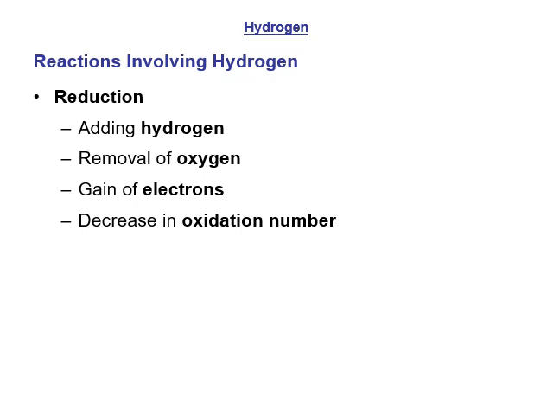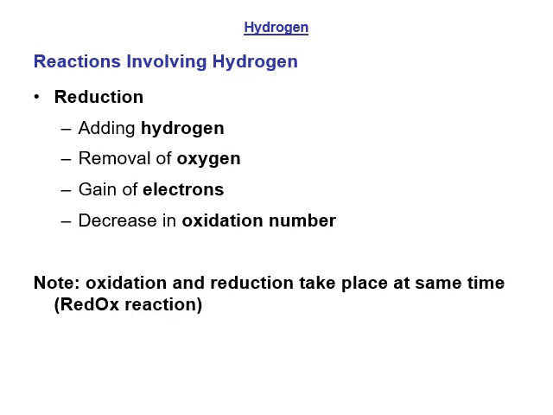The reason something would gain electrons is that hydrogen has such a low ionization energy, it doesn't take a lot of energy for it to lose its electron, so whatever it's reacting with is going to gain that electron, and so it gets reduced, and the oxidation number goes down. Now, when something gets oxidized or reduced, something else is also going to get oxidized or reduced. That's what we call a redox reaction.